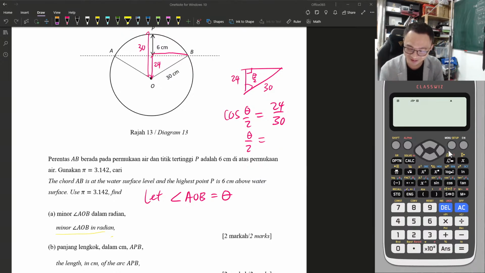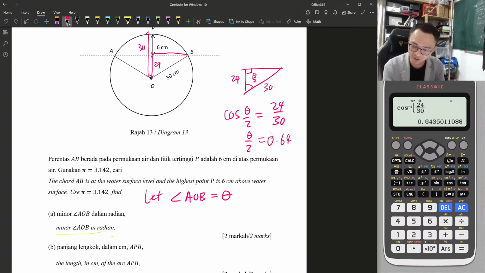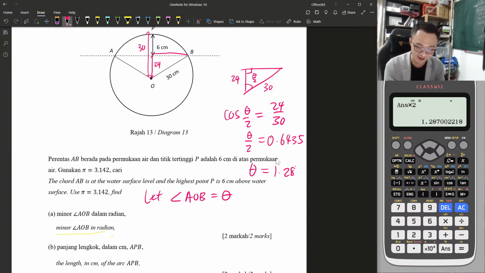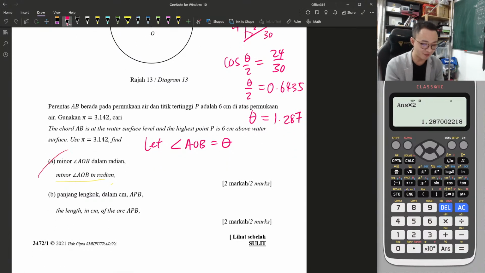Change the calculator angle unit to radian. Shift cos 24 over 30. 0.6435. Then theta equals times 2. I think 3 decimal places will be good enough: 1.287. Okay, so this is my answer for part 1.